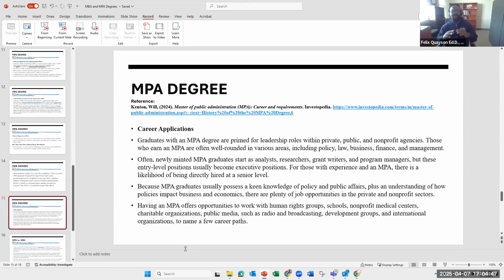So having an MPA offers you the opportunity to work with human rights groups, if that is your career interest, schools, nonprofit medical centers, charitable organizations, NGOs, public media such as radio broadcasting, development groups, and international organizations, just to name a few career paths.